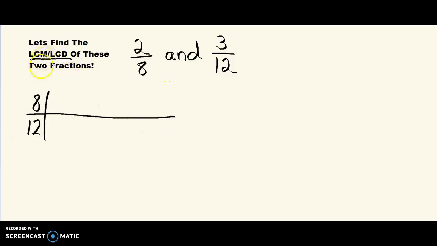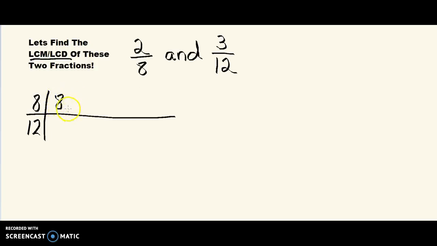That's why it says multiples, because you're going to get the multiples of 8 and the multiples of 12. If you remember your multiplication tables chart, you can just recite this by skip counting, or if you have a multiplication chart, you can look at any one of the rows and columns and write down those numbers.